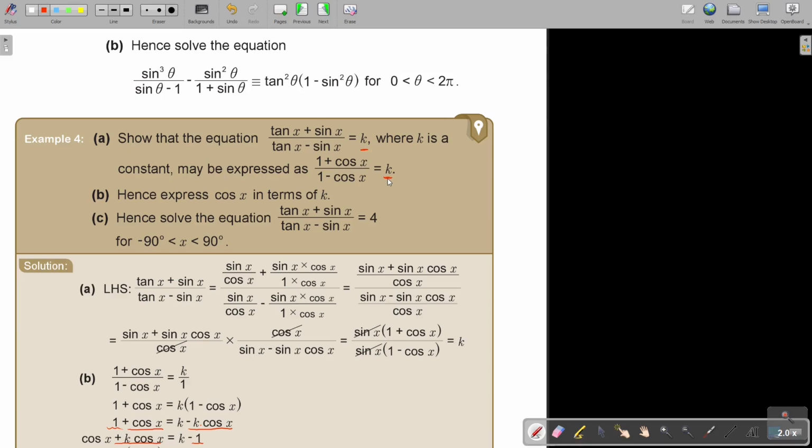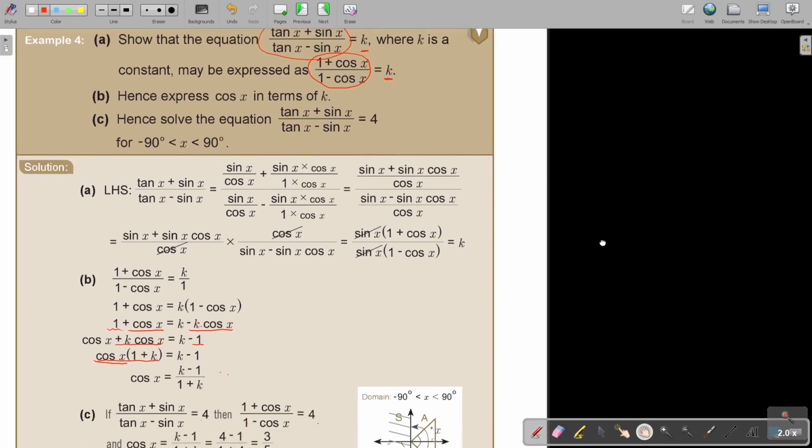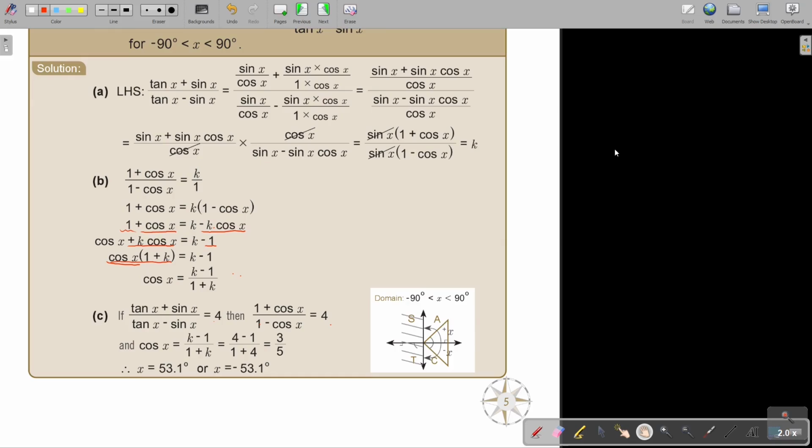So I can basically just substitute that in the place of that, and that's what I did there. So if this is equal to k, then this is equal to 4.